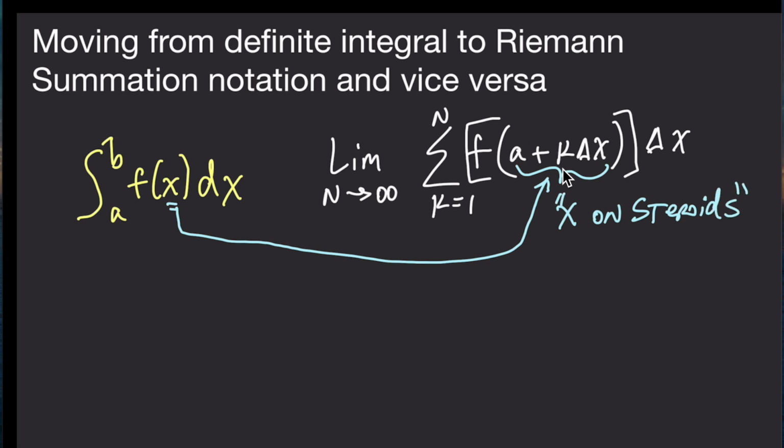That is what's going to go in that parentheses. This a value is going to come from the definite integral. The delta x is going to come from this formula, b minus a divided by n intervals. And that's how we're going to convert back and forth.